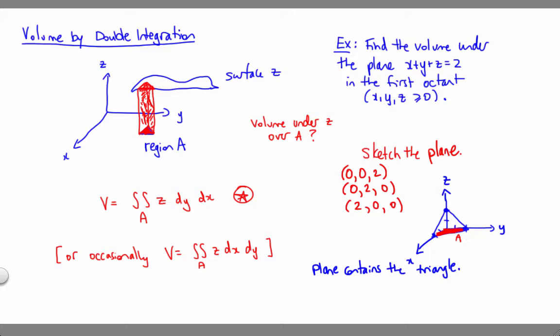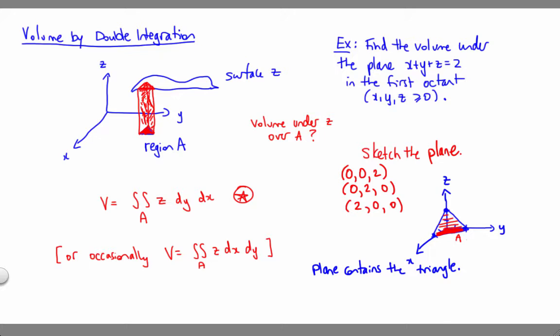Okay, now the surface Z that we're going to be working with is actually the triangular face, the triangle that is part of the plane. So I'm going to shade that part in very lightly just so we can distinguish it from the base. So hopefully we can visualize this in 3D.